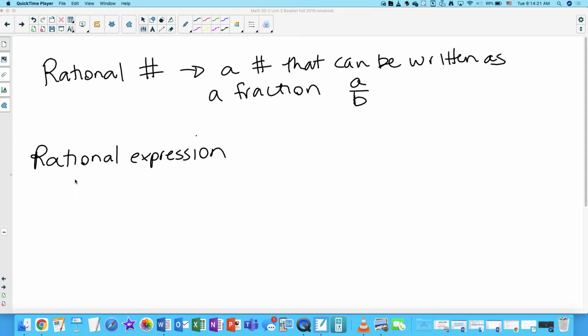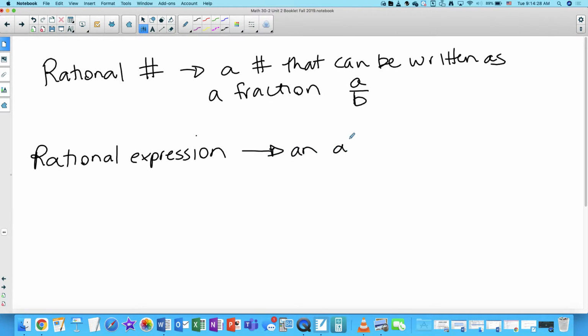A rational expression is like an algebraic fraction, basically. But more specifically, it's an expression in which both the numerator and the denominator are polynomials.